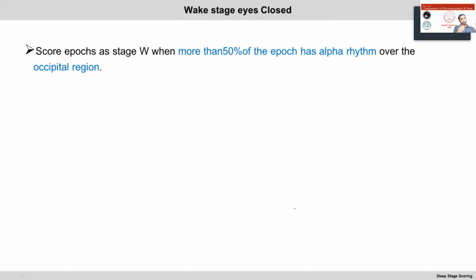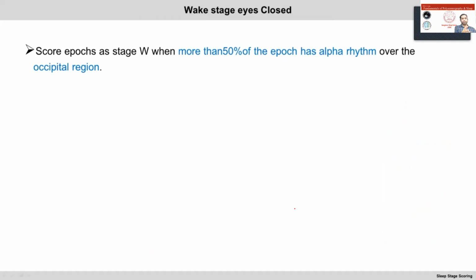Okay. Now what happens when the person closes the eyes before going to sleep, or preparing for sleep? The initial slide was wake stage, eyes open. Now it is wake stage, eyes closed. Your EEG carries alpha rhythm in more than 50% of the epoch.